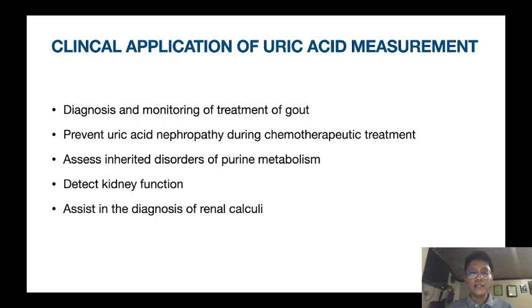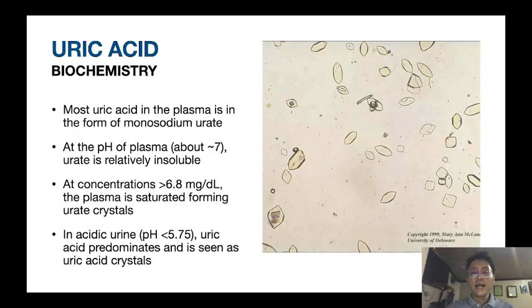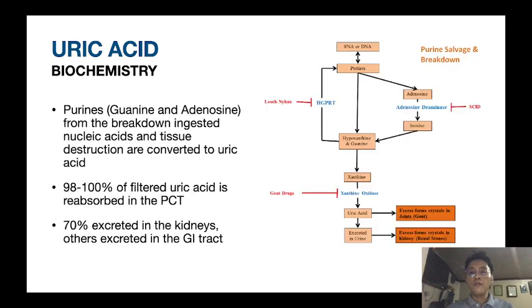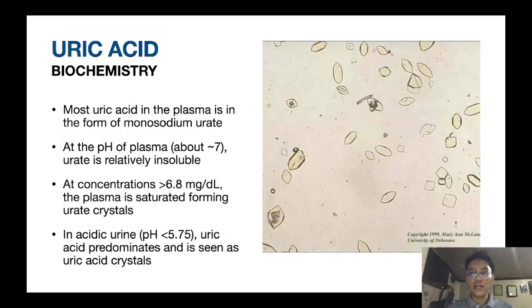So why do we measure for uric acid? So again, diagnosis and monitoring of the treatment of gout, then prevent uric acid nephropathy during chemotherapeutic measurement. So bakit man tayo prevent ng uric acid nephropathy during chemotherapeutic measurement? Kasi 'di ba, where can we get uric acid? From the DNA or RNA siya galing, 'di ba?